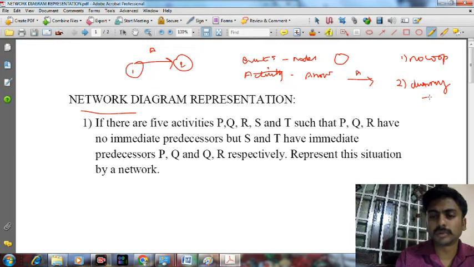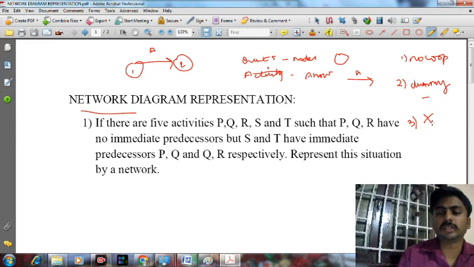In such a case we have to add a dummy activity, and I shall explain that with an example. The third rule is that no activity should be intersected.